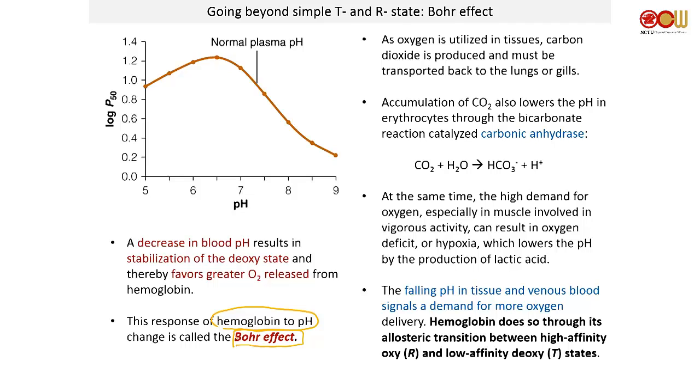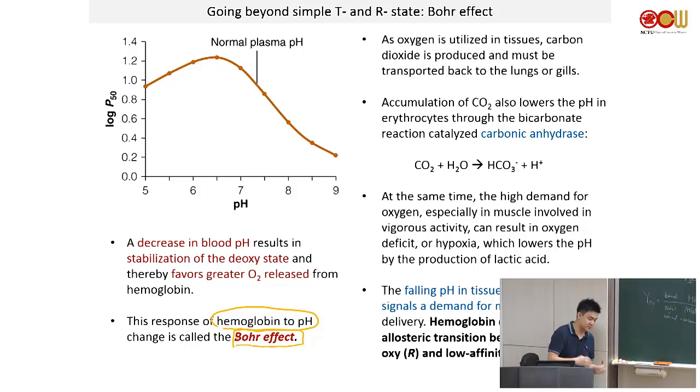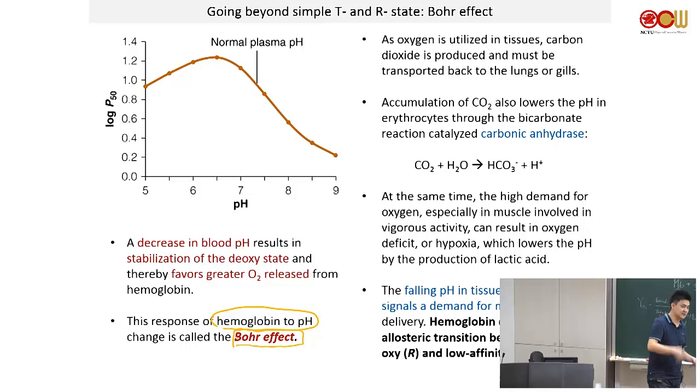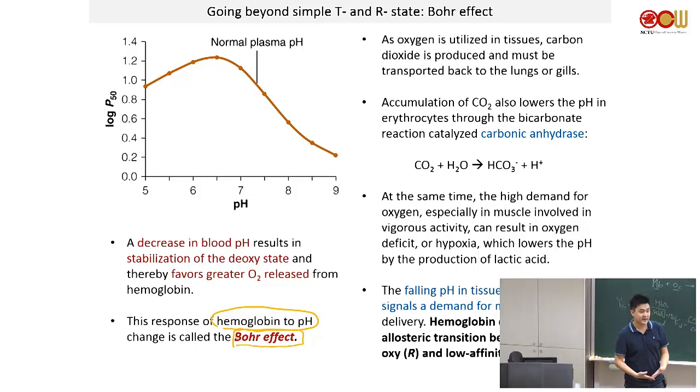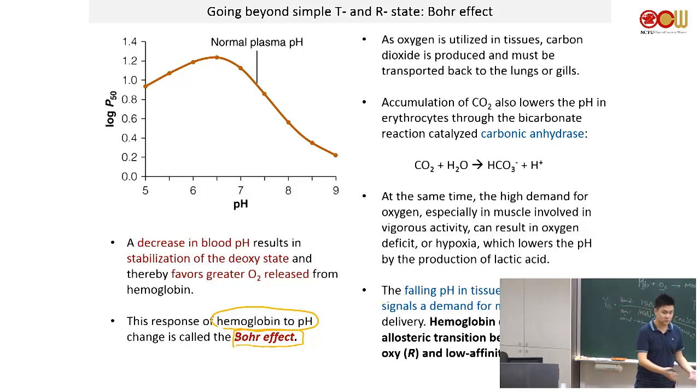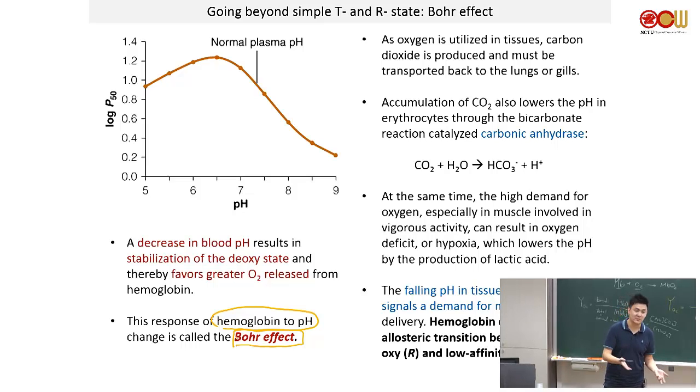This is actually very useful because as you're exercising, your muscles don't have enough O2, so it's going to start metabolizing its own sugar, and it's going to make lactic acid, right? You guys know that. Muscles make lactic acid, huh? And making lactic acid lowers the pH, right?